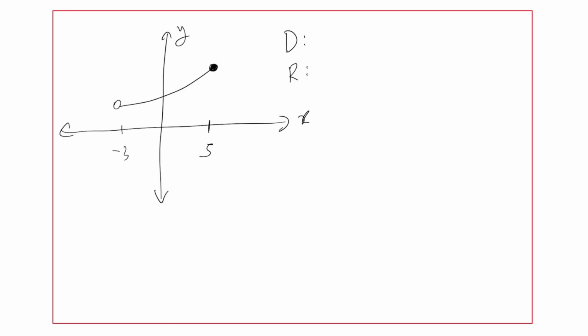Okay, so let's look at the x-axis. We see from -3 to 5, the function is there. So that's the domain. In set builder notation, we write all x such that x is greater than -3 and is less than or equal to 5.